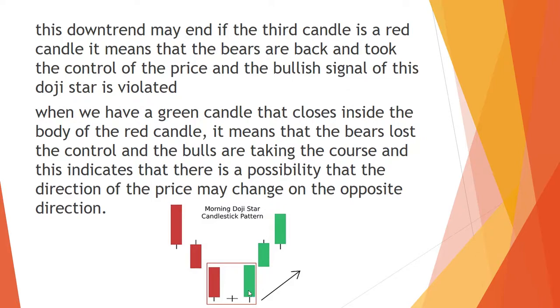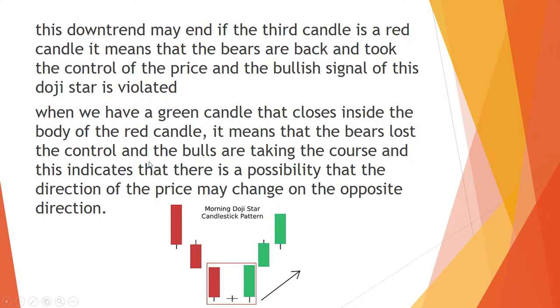It means the bears are back and took control of the price, and the bullish signal of the doji star is violated. But because it's not red, we have this morning doji star.